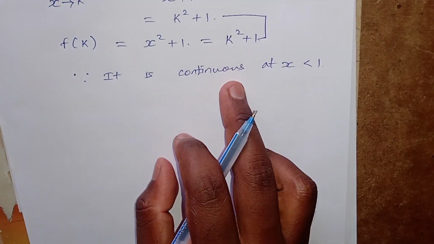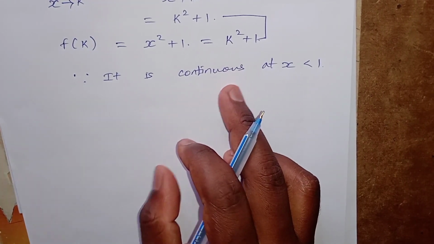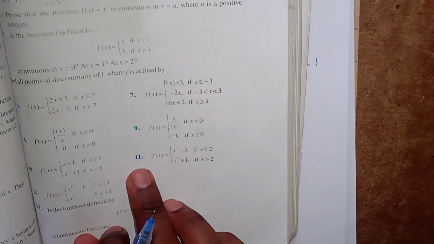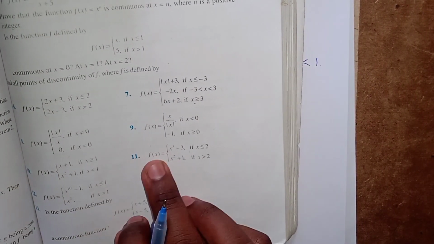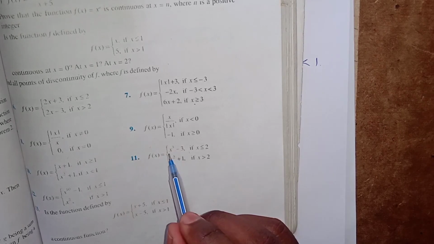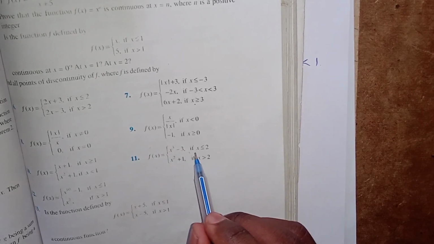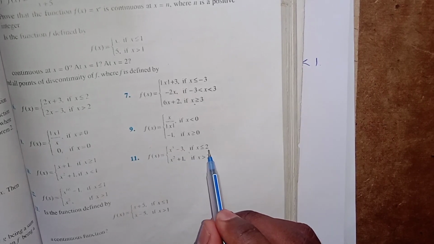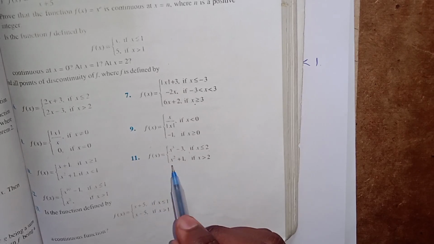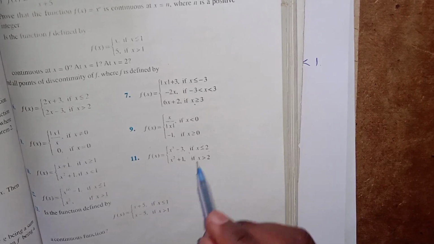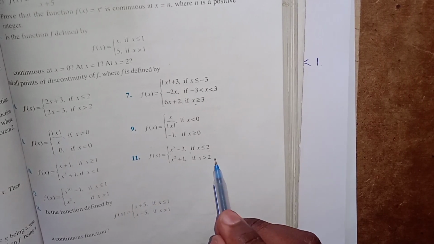Next, question number 11. Okay, f of x is equal to x cube minus 3 if x less than or equal to 2, x squared plus 1 if x greater than 2.